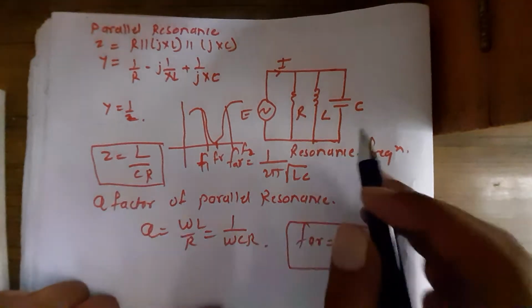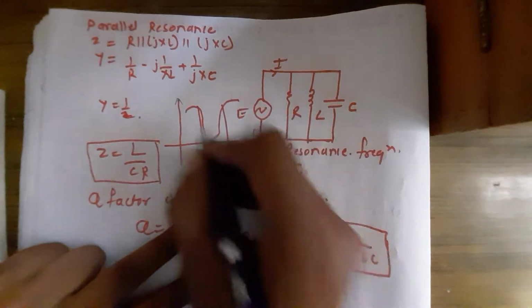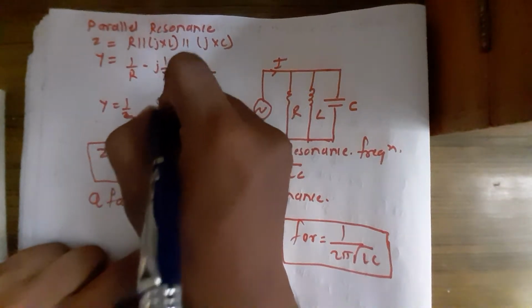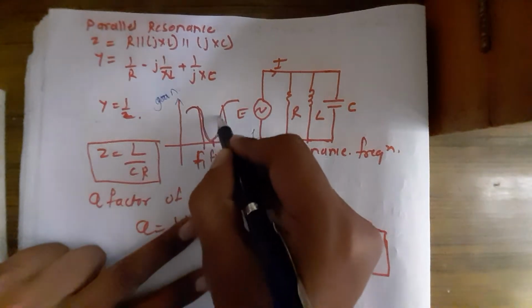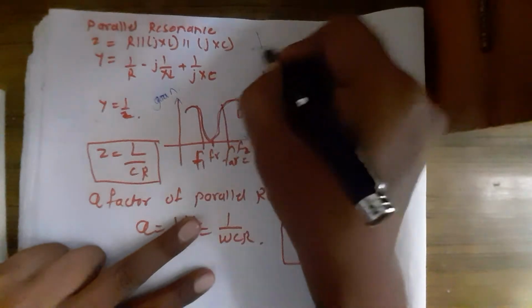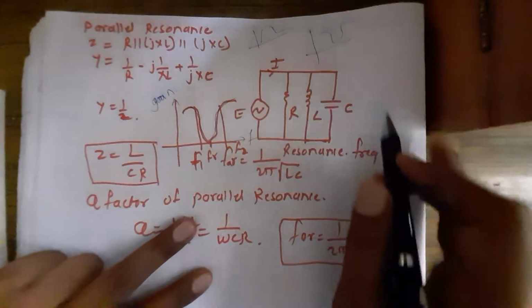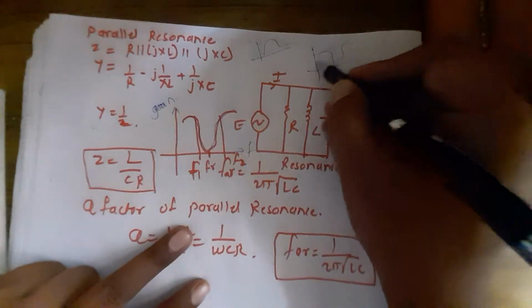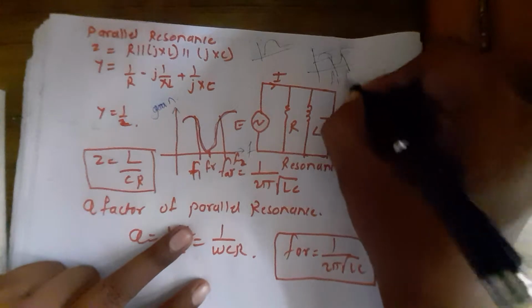If you see the graph of frequency versus gain, it is exactly the inverse of that of series resonance. Series resonance is like this one and parallel resonance is like this. This is the highest point, and we take 3 dB down, so we get two frequencies, F1 and F2.